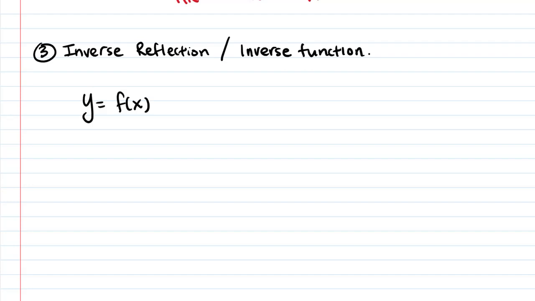So y is equal to f of x, transformed using inverse reflection, you can write it as f inverse of x. So you have to use this little symbol, negative 1. This is not an exponent. This is just a symbol for inverse function. Inverse function is a reflection over the line y equals x.